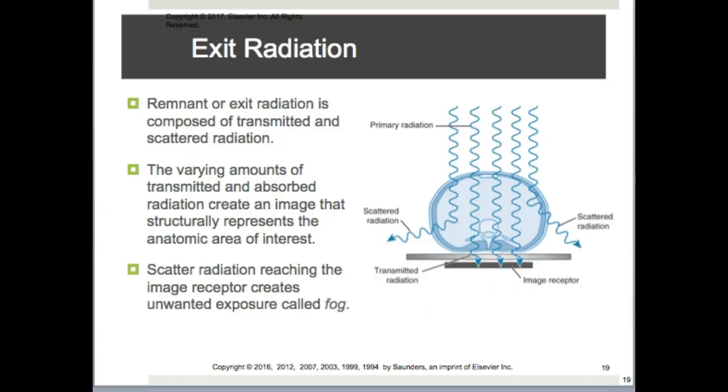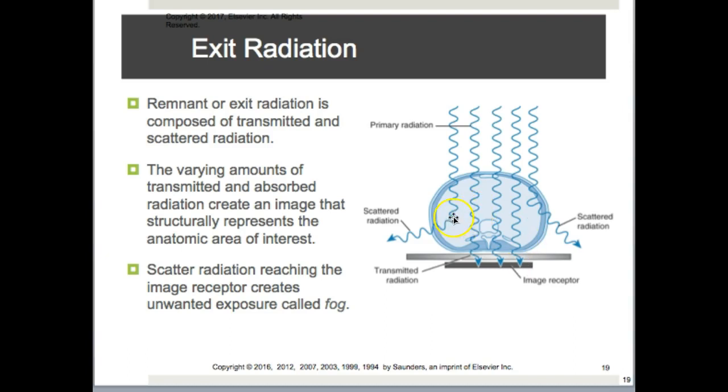So exit radiation. Remnant or exit radiation is composed of transmitted and scattered radiation. The varying amounts of transmitted and absorbed radiation create an image that structurally represents the anatomical area. So your transmitted and absorbed radiation give you your image on your image receptor, whereas scatter reaching the image receptor gives you an unwanted exposure.